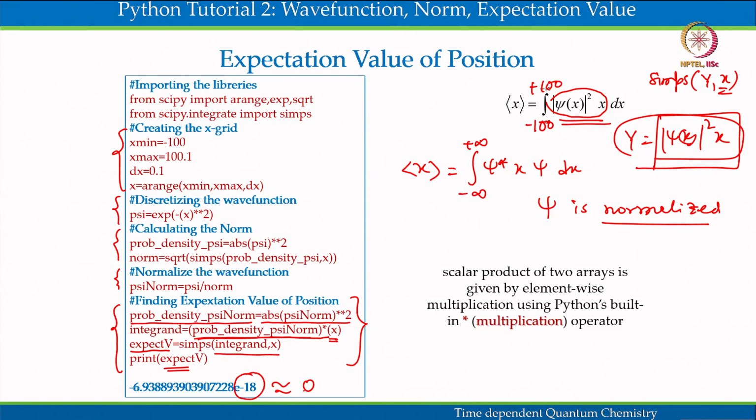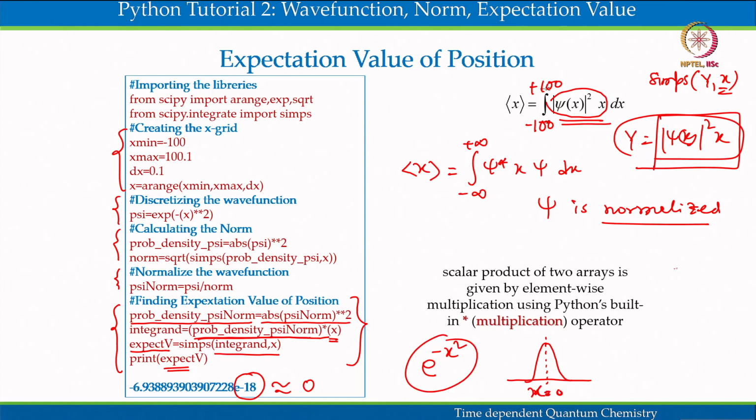It is the 0 position, and that should be because our wave function was e to the power minus x square. This is a Gaussian function which is centered at x equals 0.